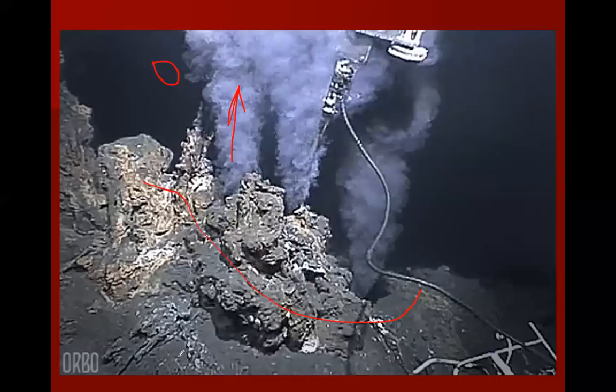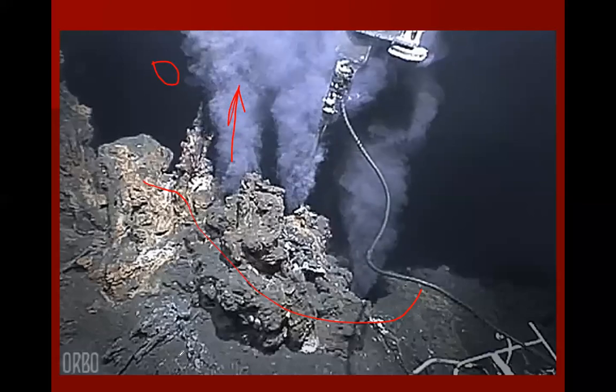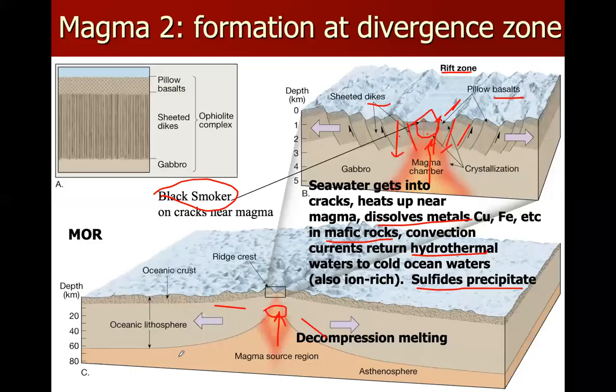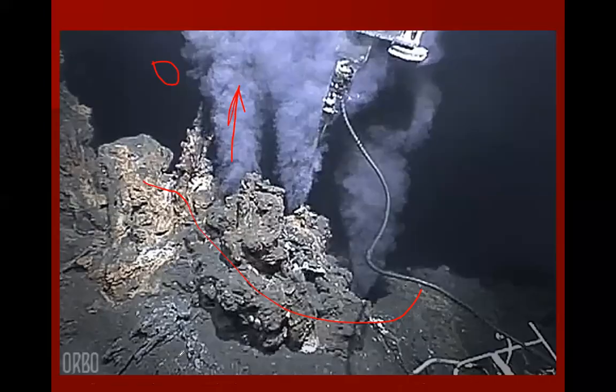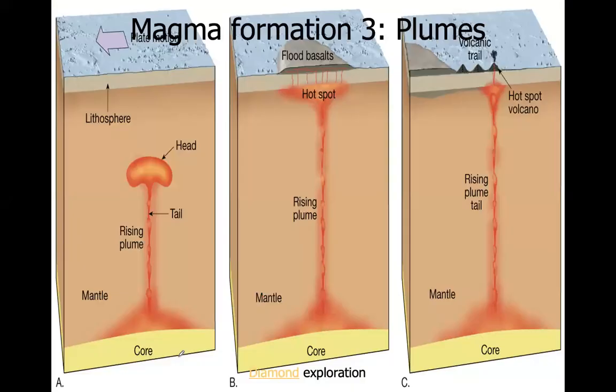Right. Okay, so this is especially related with divergent zones. These black smokers are coming from divergent zones. One more situation is there, as I mentioned in last week's lecture also, the plume generation.